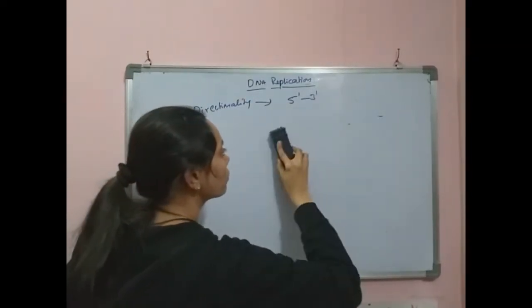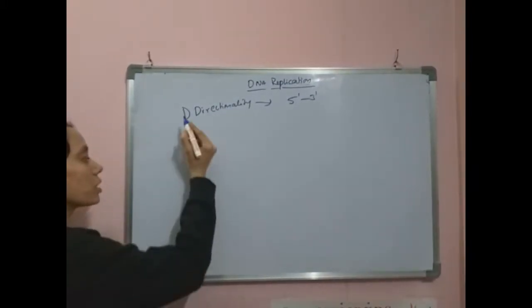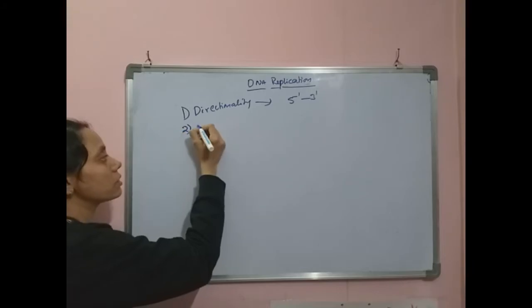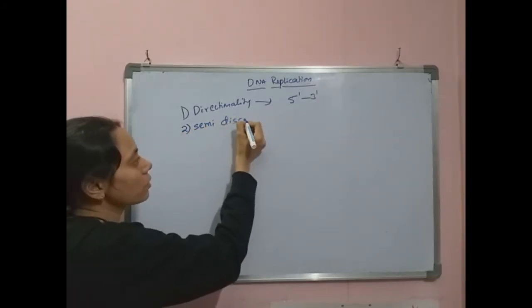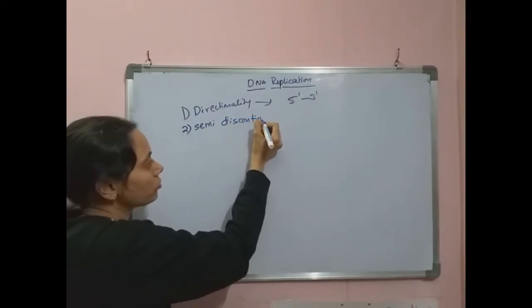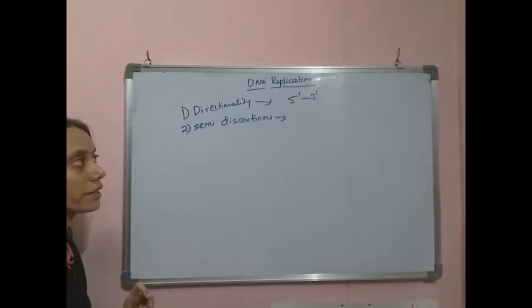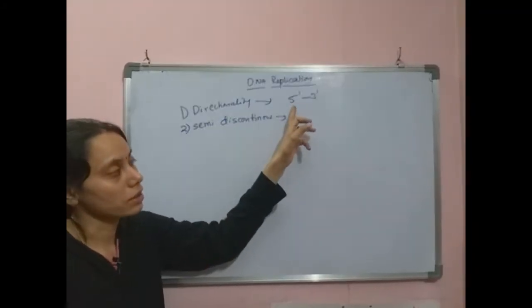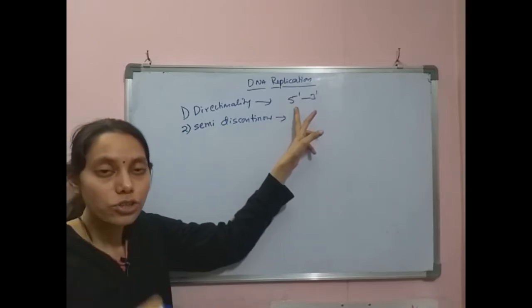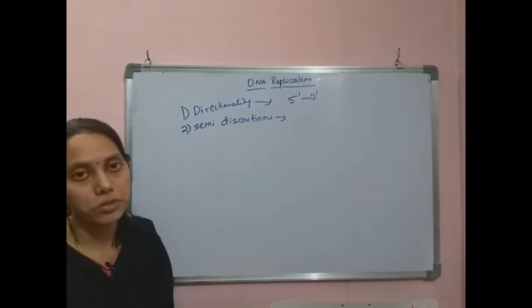And what are the other features? DNA replication is basically called a semi-discontinuous process. As we already discussed, there is a directionality for DNA synthesis, that is, the addition of nucleotides will be carried out only in the direction of 5' to 3'.